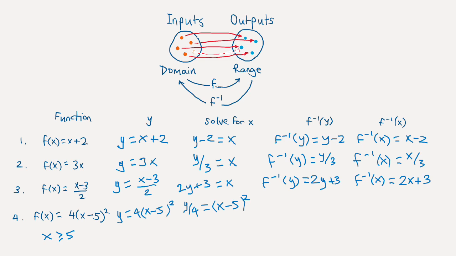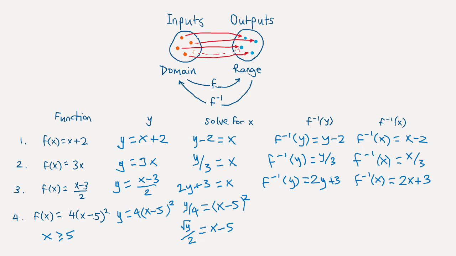I could write the square root of y over 4 as literally that, or instead I think it's a little neater to write square root of y over 2, because 2 is the square root of 4, if we're just thinking about positive square roots. And then the square root of something that's squared will just be x minus 5.